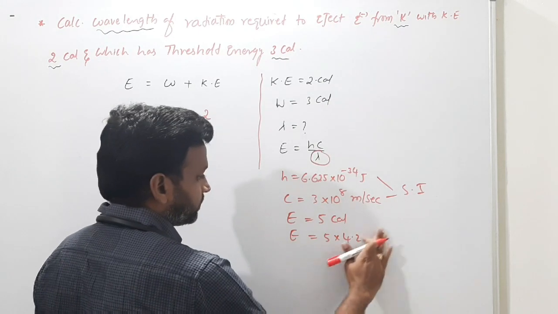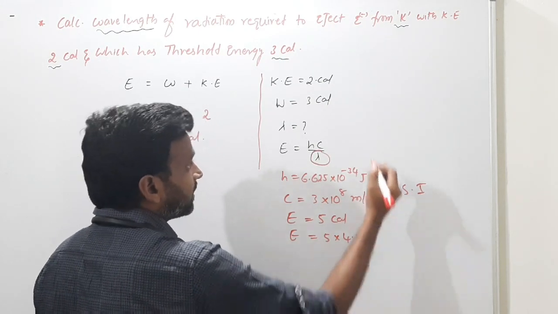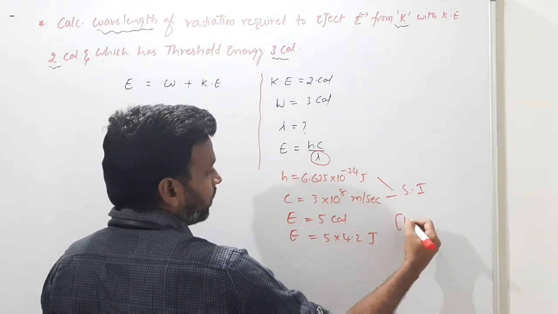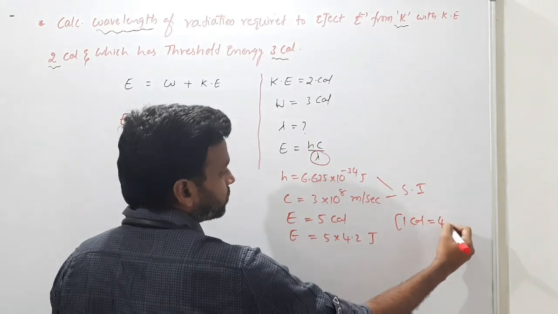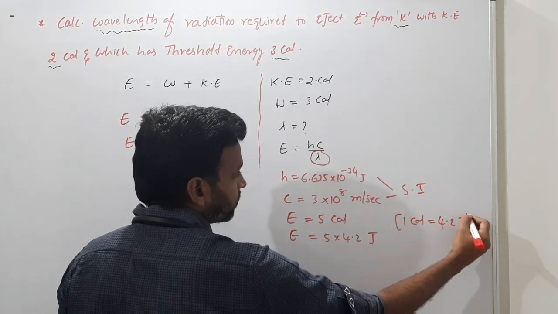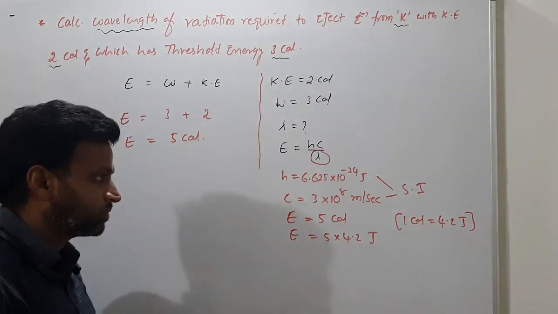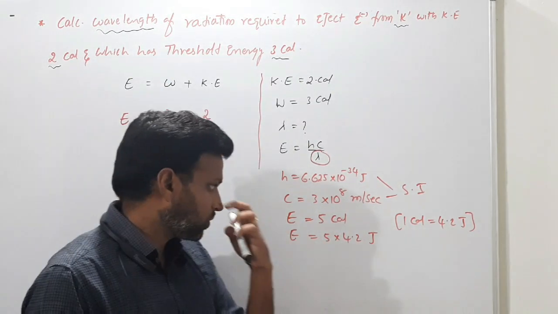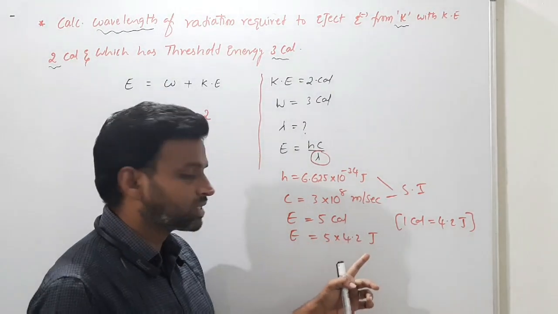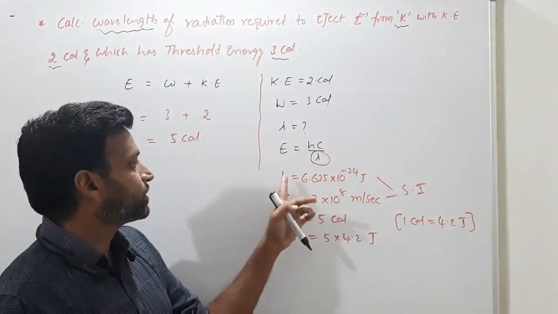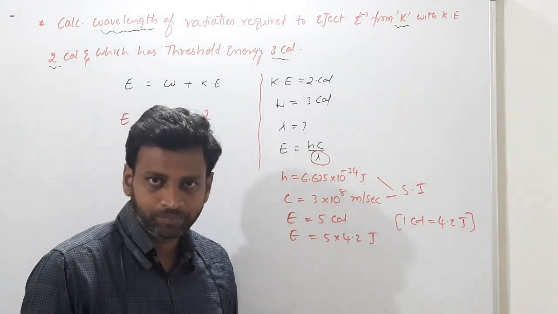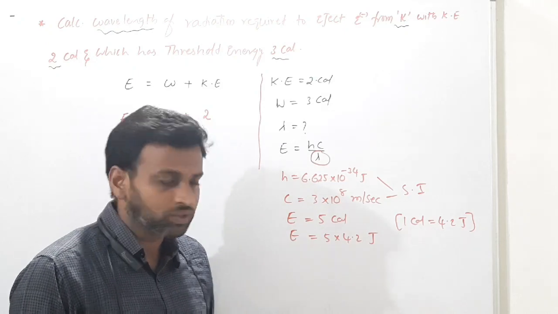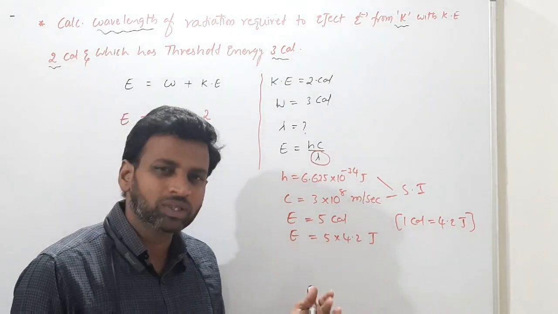Why did I convert into joules? Because I took the h value in joules. Don't get confused. Always try to take SI units.